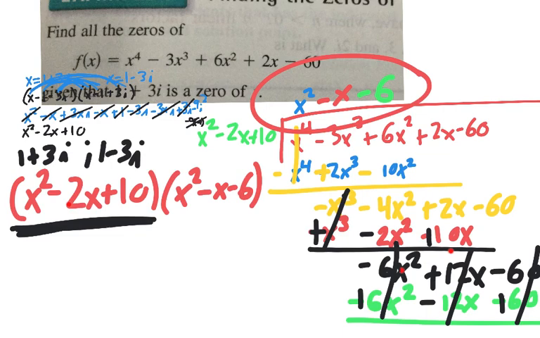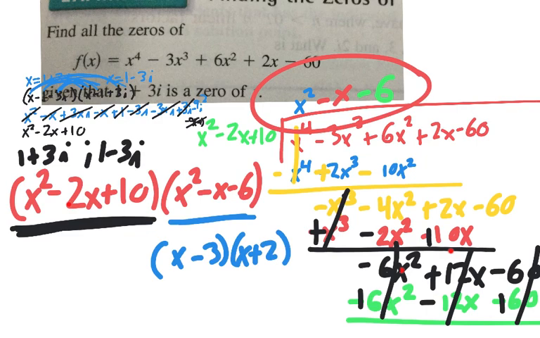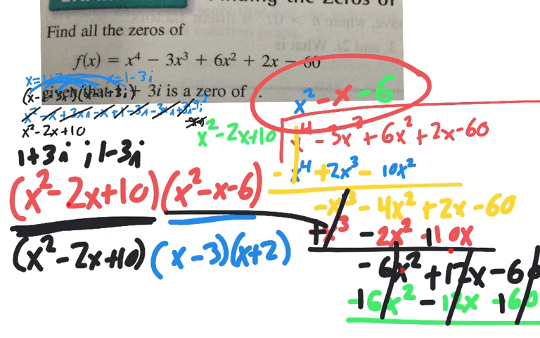Now what about the other one? Can I factor the one underlined in blue? Yes, I can. That factors to be x minus 3 times x plus 2. So now this is my factored form.